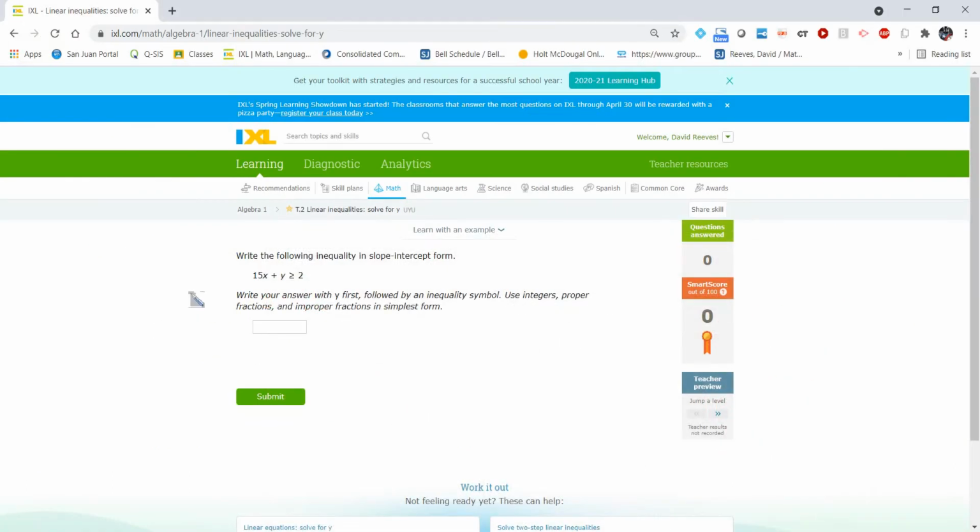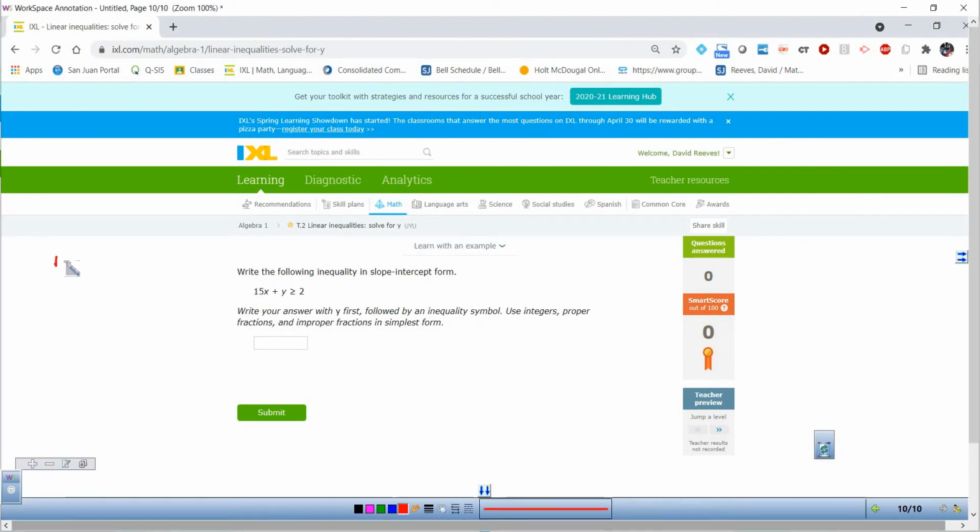All right. So I'm going to take a look here at 15x plus y is greater than or equal to 2. And again, my goal is to solve for y. It was very nice of them, they didn't put a coefficient on y, so the only thing I need to do is subtract the 15x from each side.